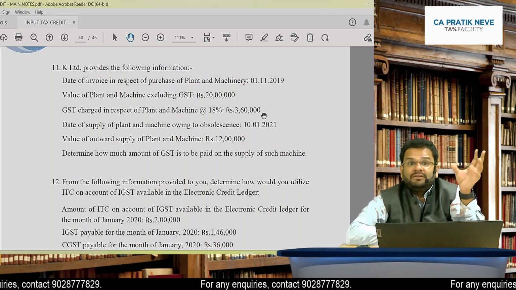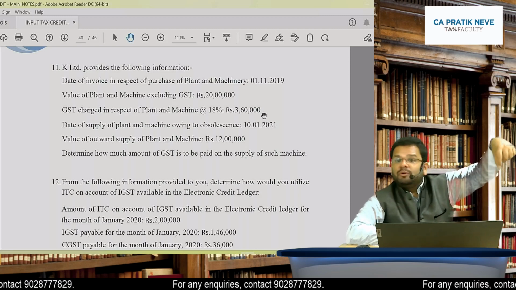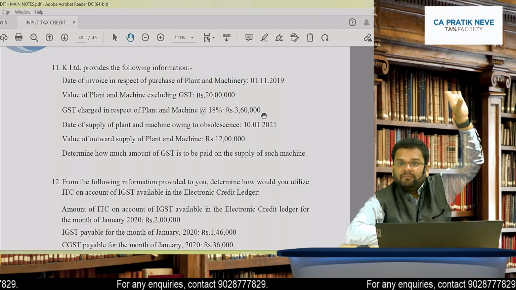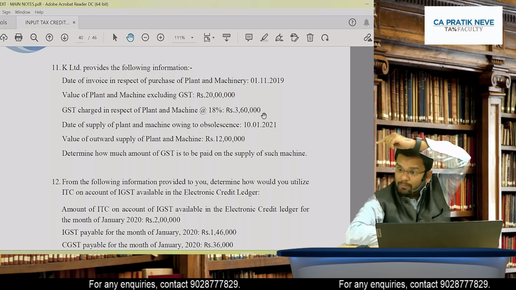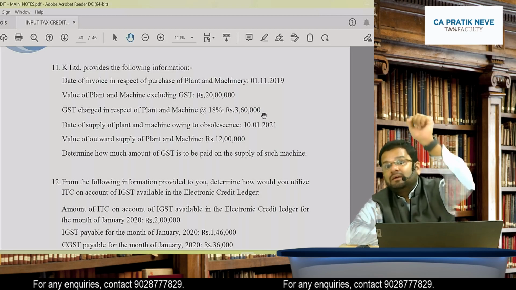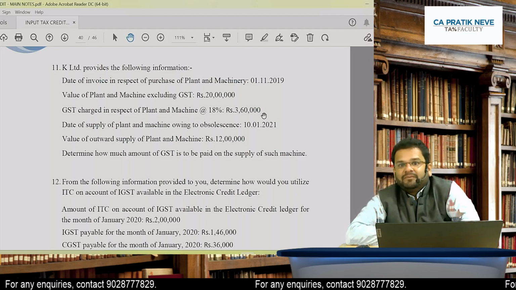What can happen is, there could be one factory making only exempt supply. Will you apportion ITC to them also? Answer is yes. क्यों yes answer है?